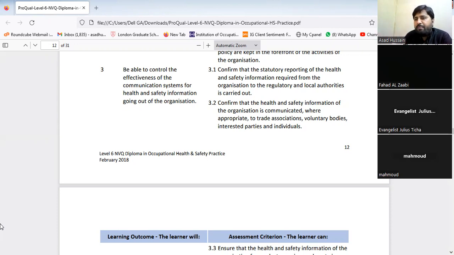Simply, there are different requirements in organizations that they have to fulfill.